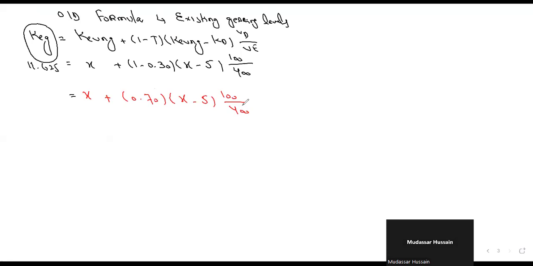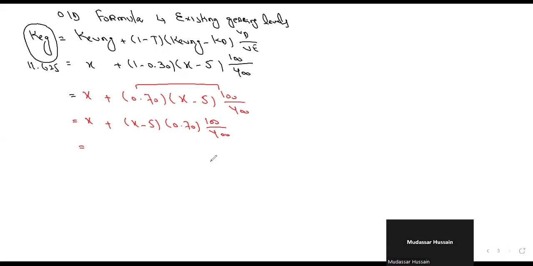Now, guys, what will happen as they are being multiplied? These three are being multiplied. So just for the sake of convenience, we can say x plus x minus 5, 0.70, 100 over 400.